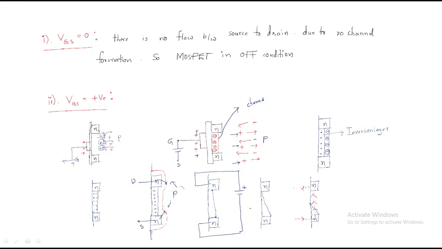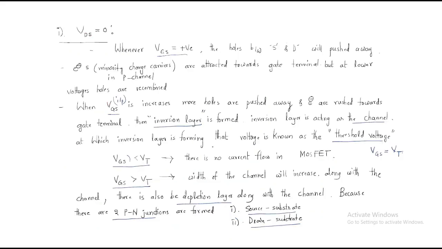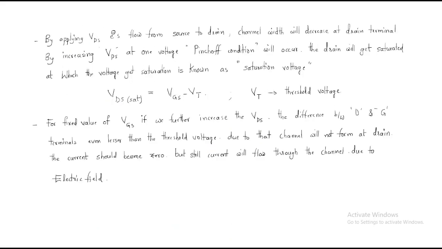Then automatically holes will flow from the source point to the drain, and from drain again to the source. This will be the electrons flow. Electrons will flow from the source to drain.